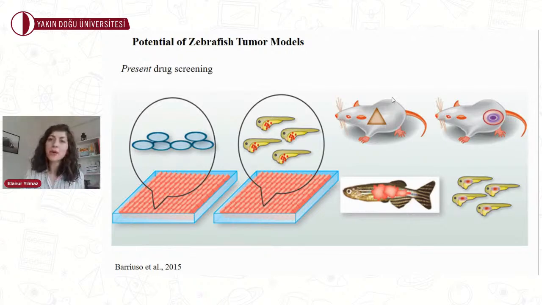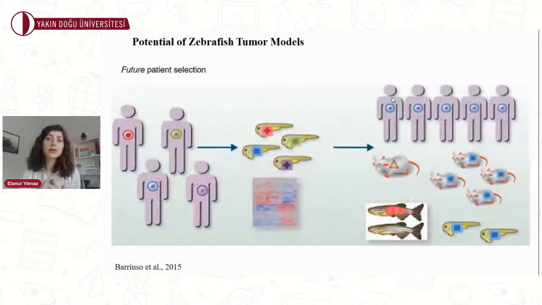At this point, zebrafish get on the stage again and combine the characteristics of cell lines and animal models. Therefore, genetically engineered zebrafish models, and maybe we can say xenografts, are currently used for drug screening and preclinical drug development. What is expected in the near future is that tumor grafts inserted in zebrafish embryos could be used for patient selection in clinical trials.